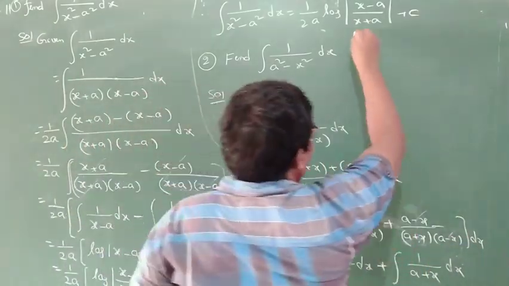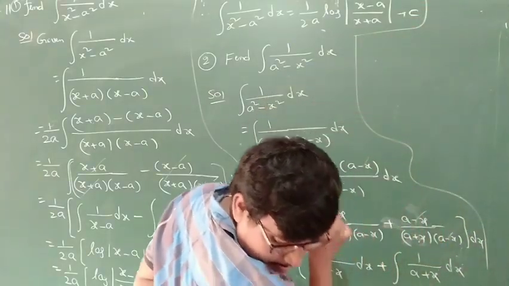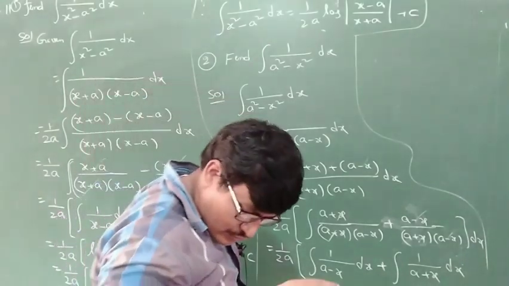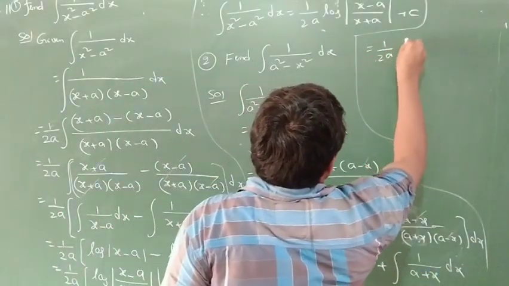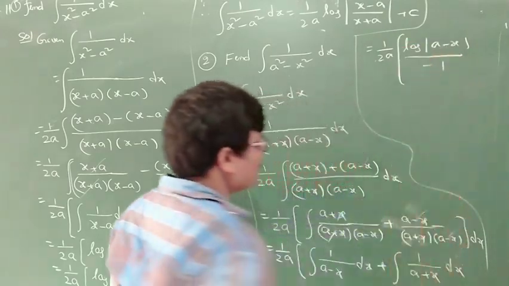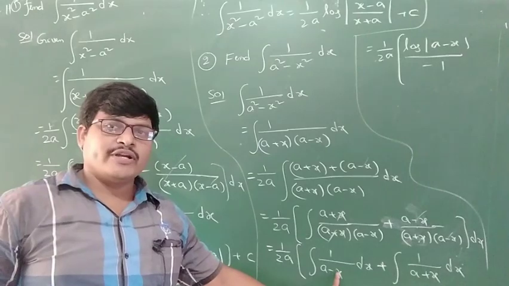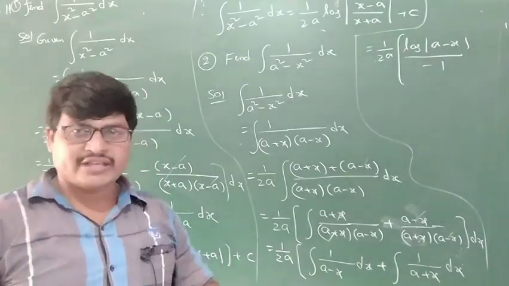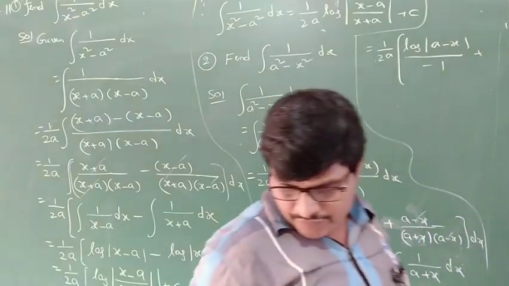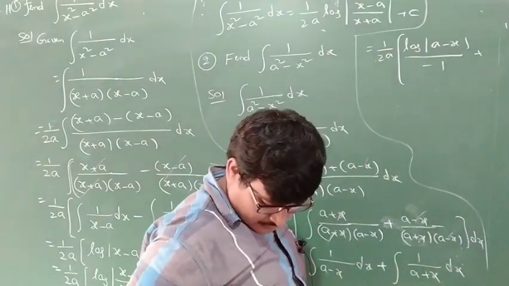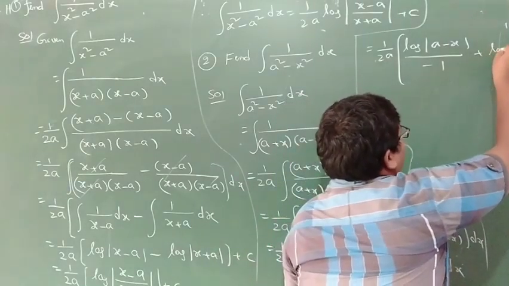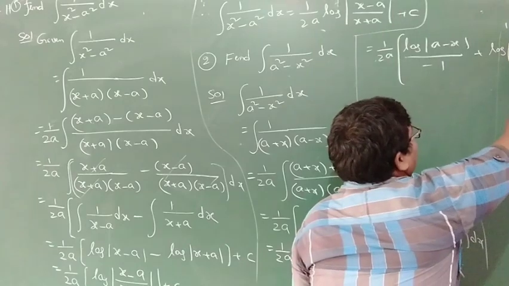Okay, next. Integral 1 by x is equal to log x, that is equal to 1 by 2 into log mod a minus x by minus 1, because the derivative of a minus x is 0 minus 1, no, plus log mod a plus x plus c.